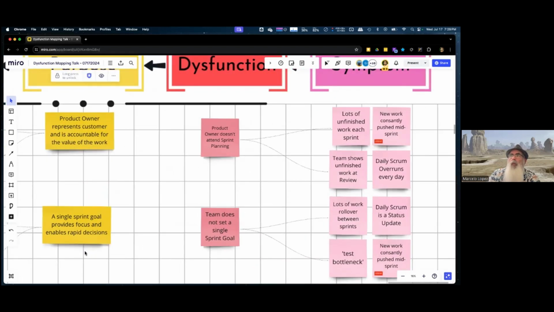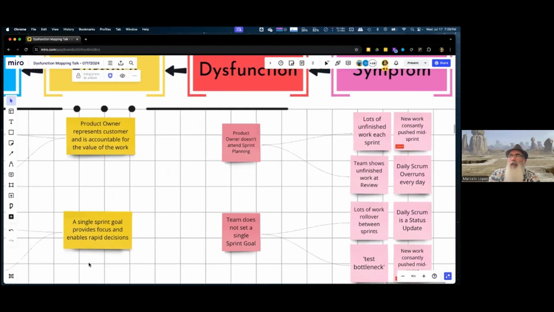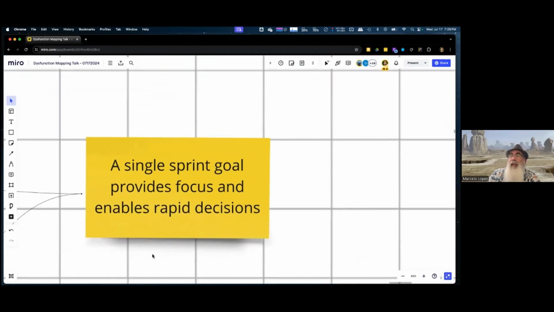Well, wait a minute. What purpose does it serve to have a clear single sprint goal? Oh, it enables us to focus on what actually is value generating and enables us to make rapid decisions. Joanne can say, hey, does that support the sprint goal or not? Anu can say, hey, is that really going to help the sprint goal or not before you bring that into the sprint backlog? And so that saves a lot of time.